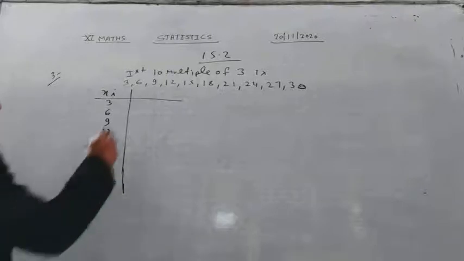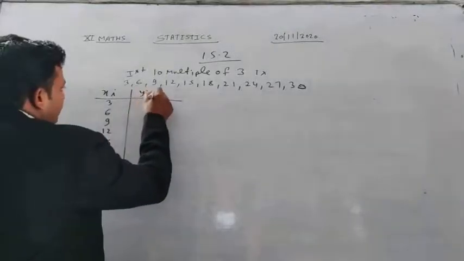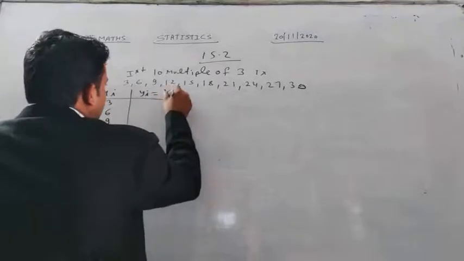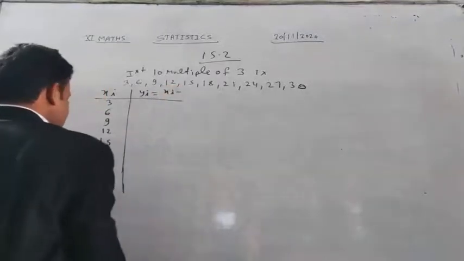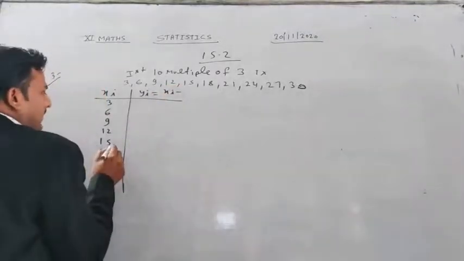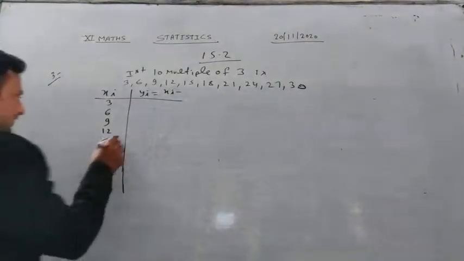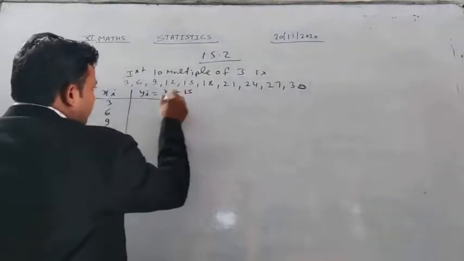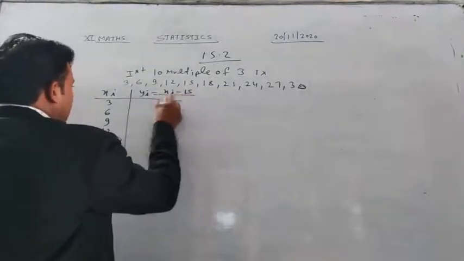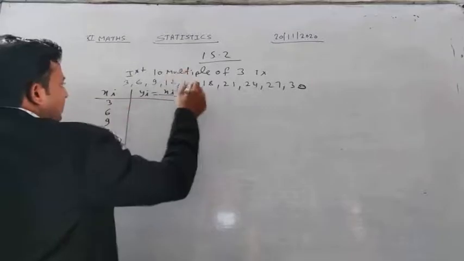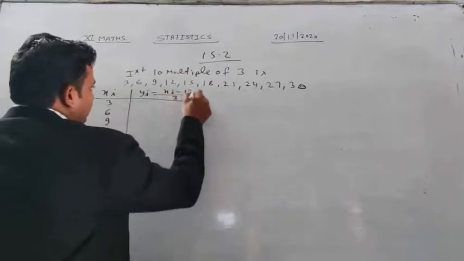So first we will find this yi, and yi is xi minus x bar. So we suppose we are assuming 15 or 18. We are taking 15 as the assumed mean, and h is our difference, which is 3.